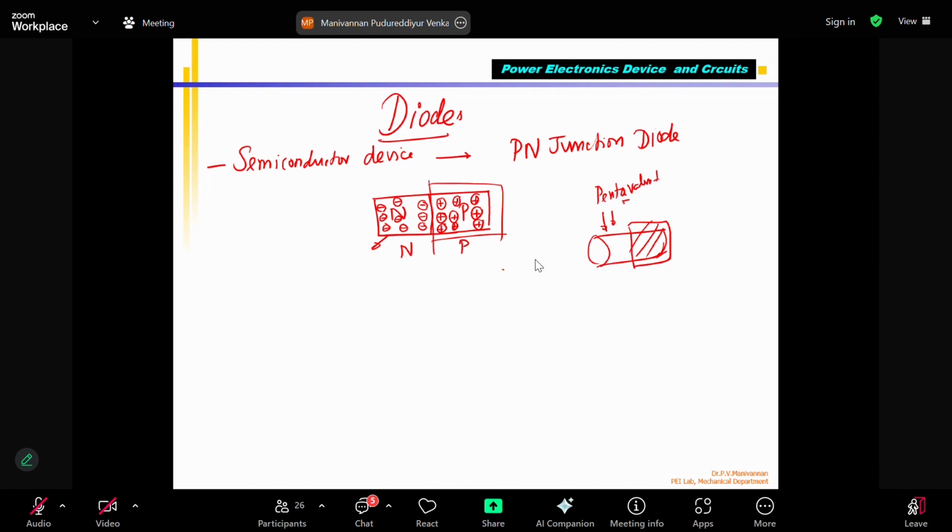That means it has 5 electrons in the outer shell. The silicon has 4 electrons in the outer shell. When you add it, one excess electron is created, then you become an N-type material. So you fill it. The actual process is totally different, I'm just explaining for understanding purposes.